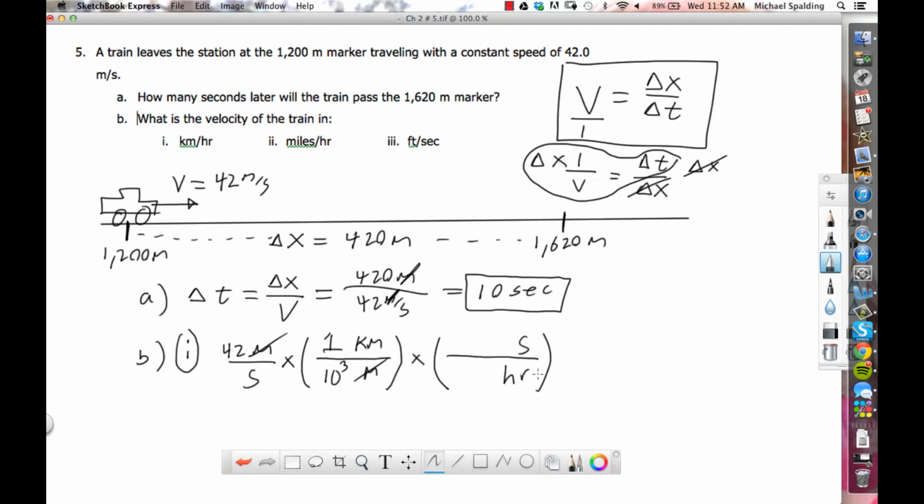How many seconds are in an hour? 3,600. 60 times 60. Okay, then the seconds cancel, and then the conversion comes out as 151.2. Don't worry about sig figs anymore.